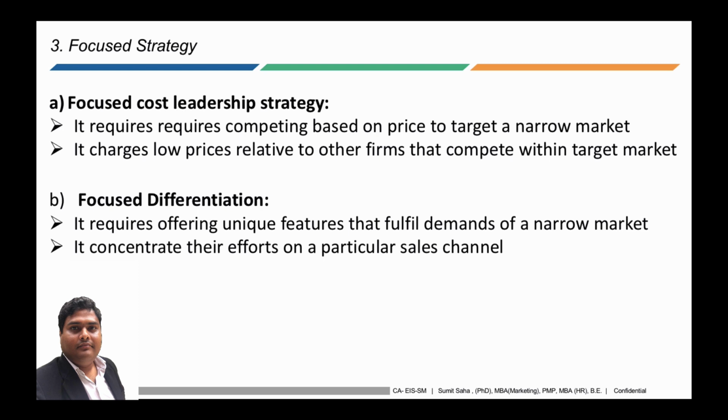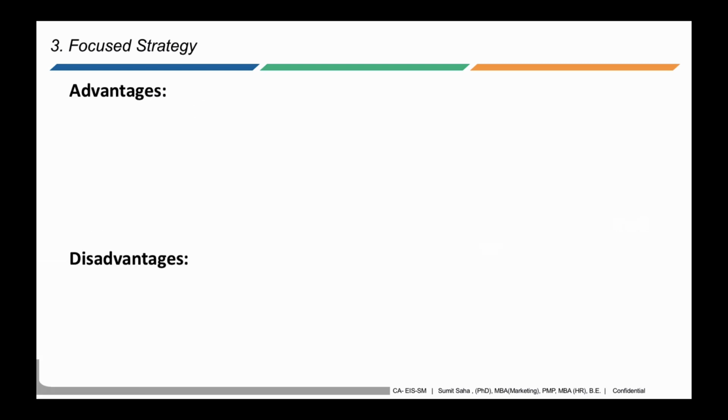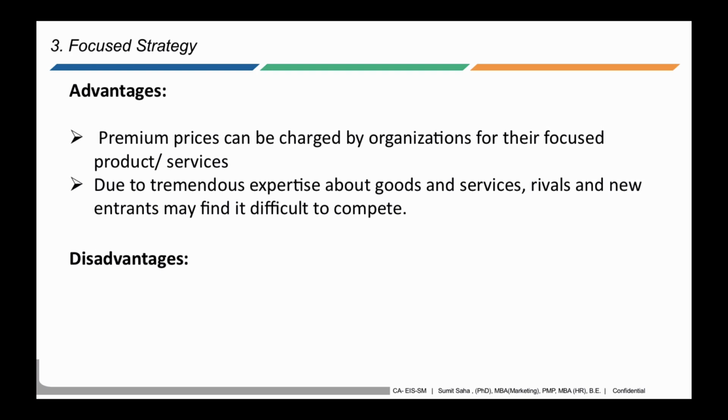So my point is, why I am giving these long examples, so that you can understand and remember. We'll talk about the advantages and the disadvantages of focus strategy. Premium prices can be charged. Apple is charging premium prices for its goods and services. Even OnePlus also started charging a little bit of premium.